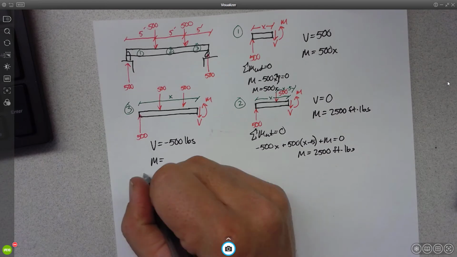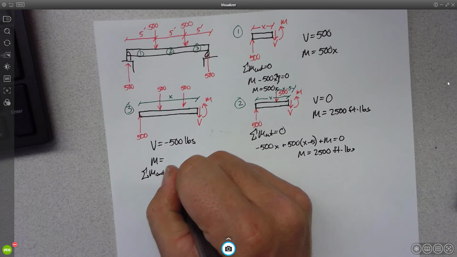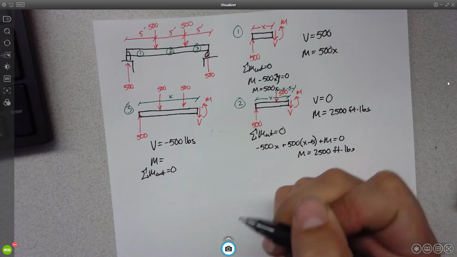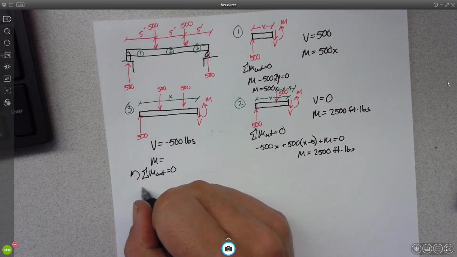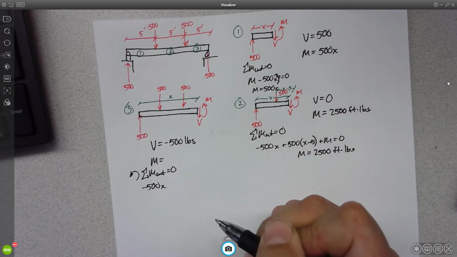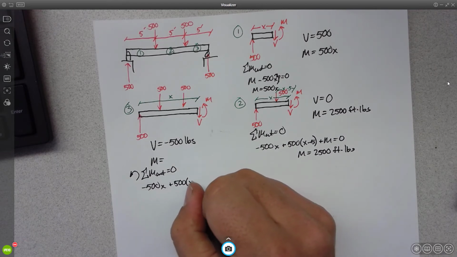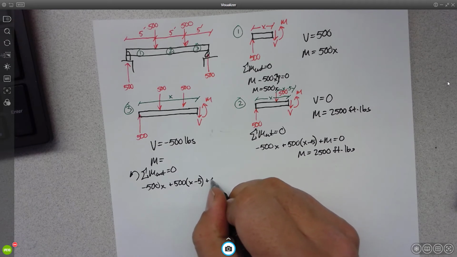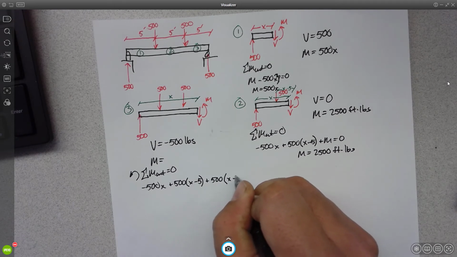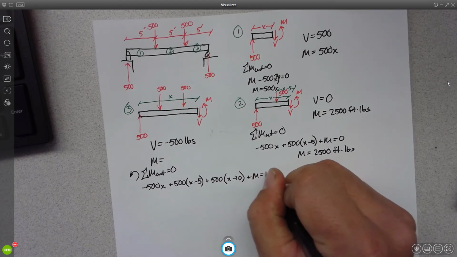So I can't see the moment here, so I'm going to have to do it. I believe it is, but let's go through that. So I'll have minus 500x plus 500 times x minus 5, plus 500 times x minus 10, plus M equals 0.